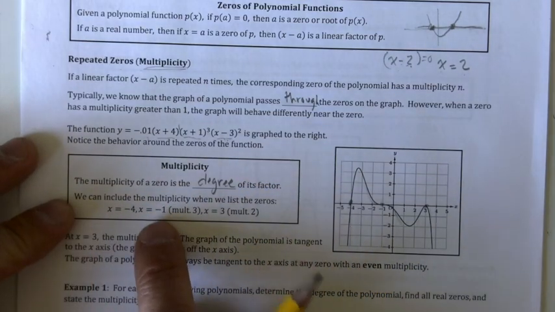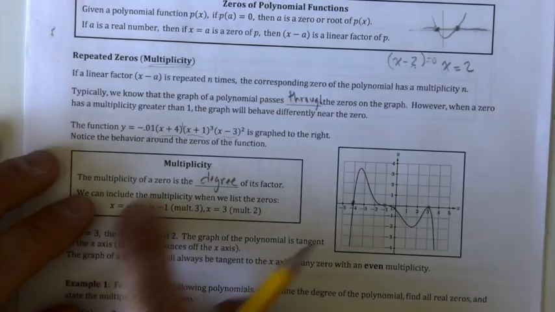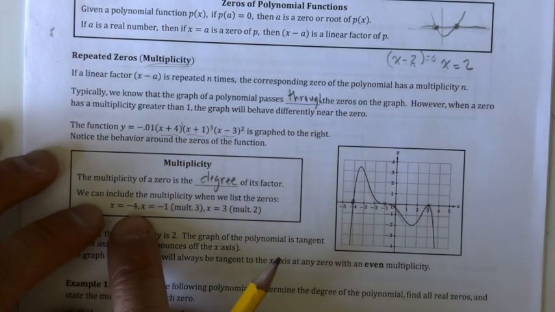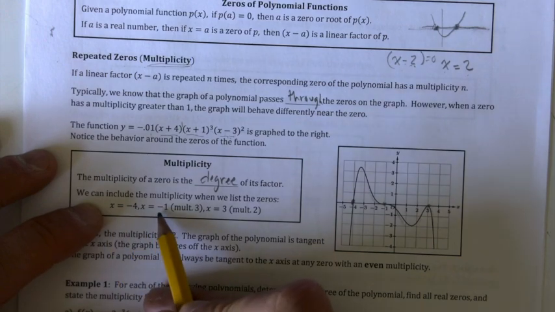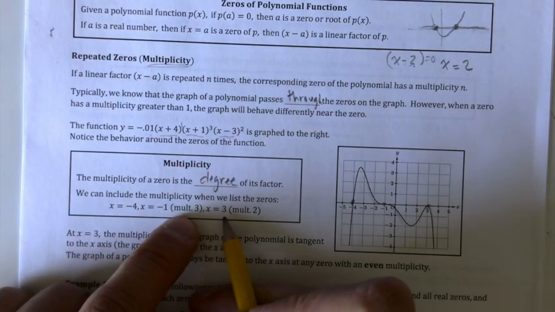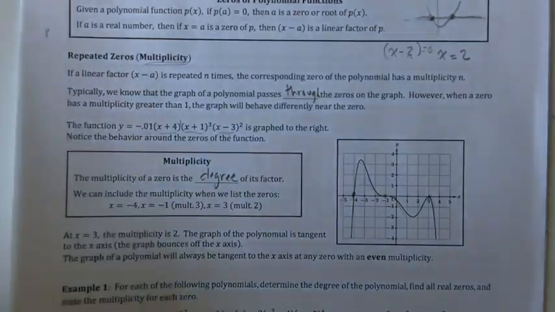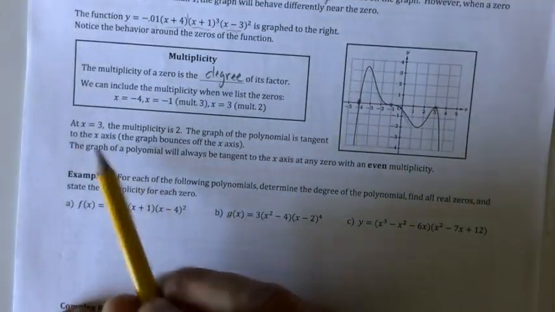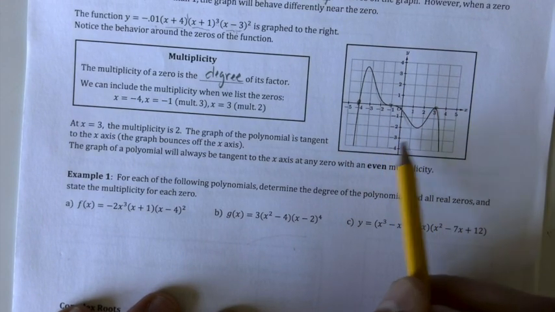We can include multiplicity when we list those zeros. So the solutions, or zeros, for that previous function are x equals negative 4, x equals negative 1 with multiplicity of 3, and x equals 3 with a multiplicity of 2. So at 3, the multiplicity was 2.